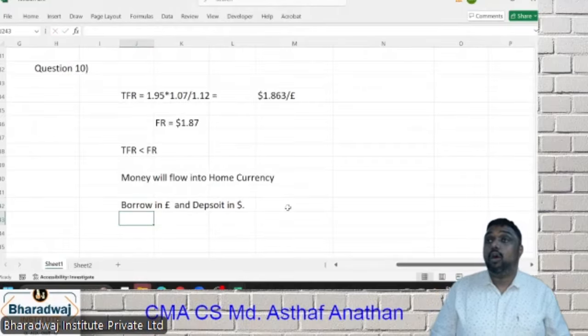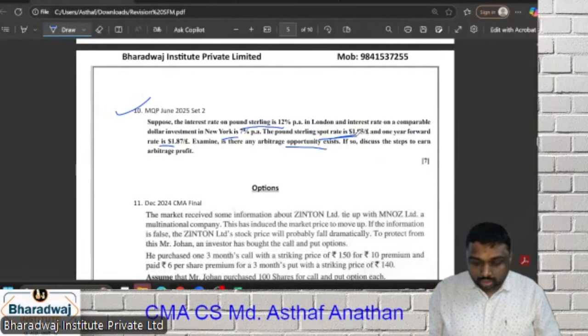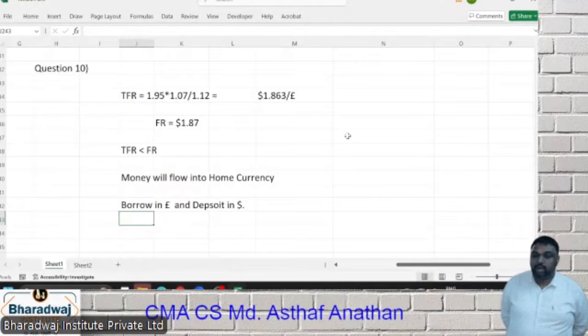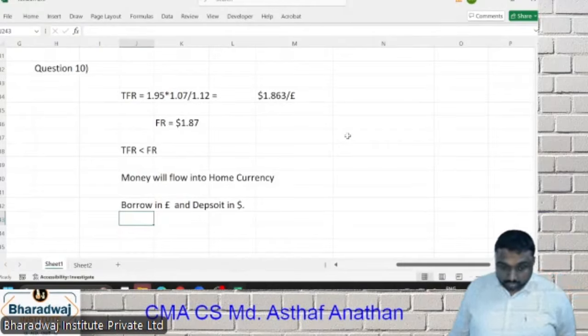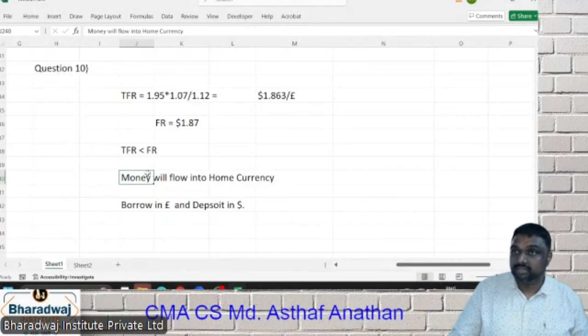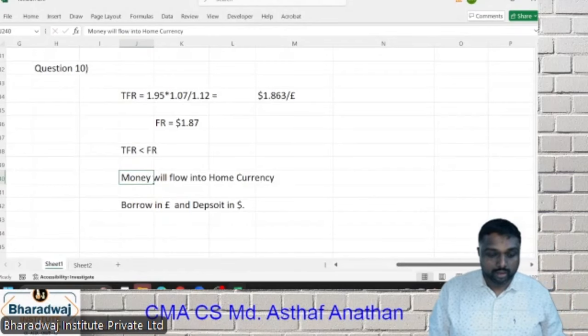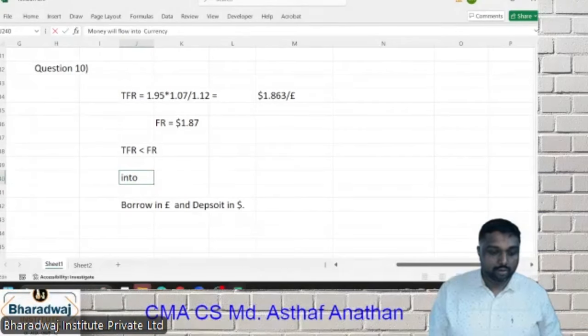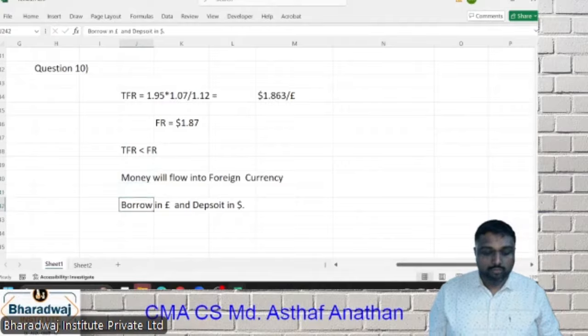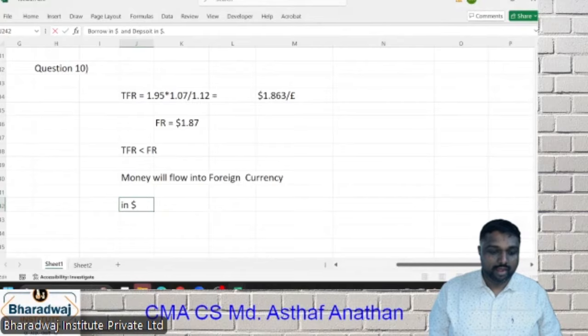Why home currency dollar? Because numerator, that concept we dealt with. So shall we clear? One second. What have you written in the class session, friends? Money will flow into, okay. I have written here, money will flow into foreign, since it is less. So borrow in dollar and deposit in pound.